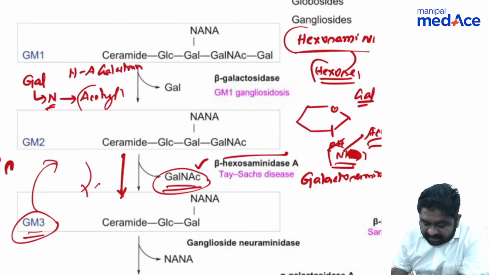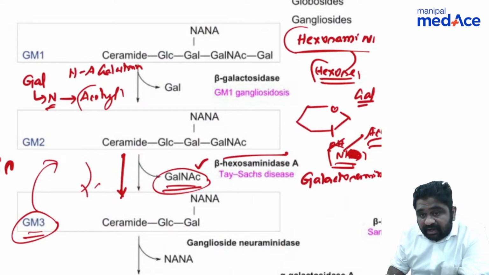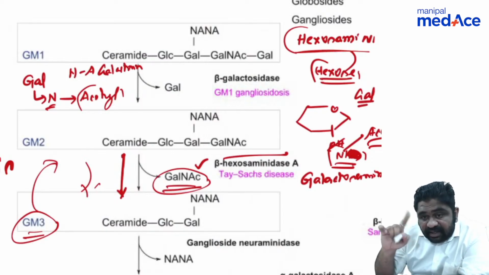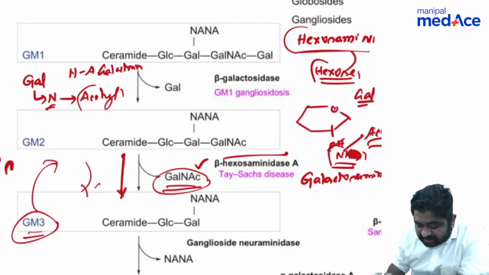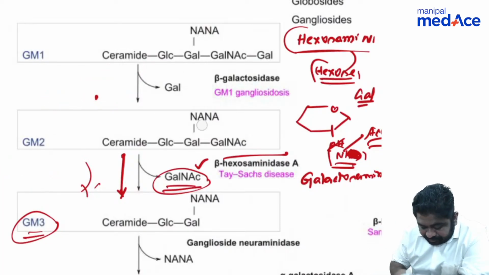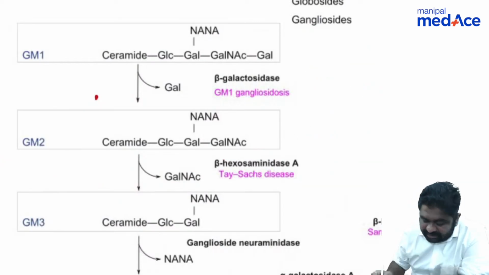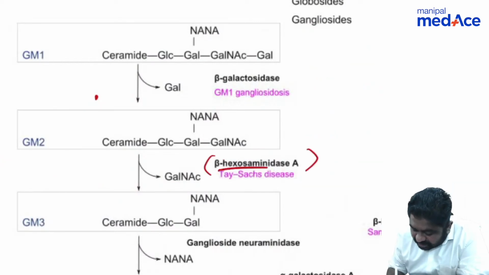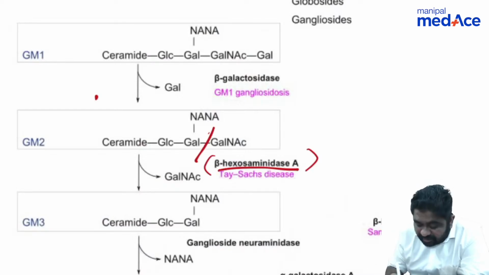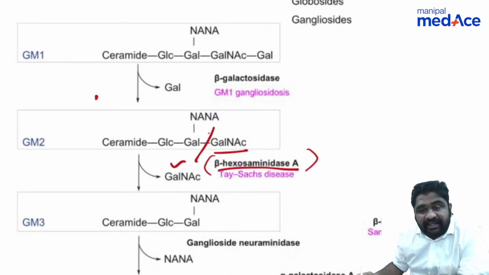Now, you look at the enzyme called hexosaminidase. Now it is N-acetylated hexosamine, or you can just call it hexosaminidase. This enzyme, hexosaminidase, has to break the bond here. If it breaks the bond here, galnac is liberated.